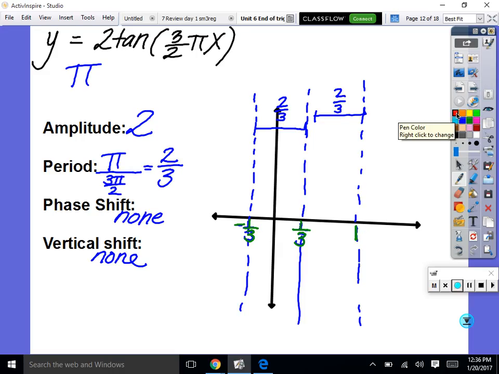So then remember, our amplitude's 2, so we're going to draw up 2, down 2, so 2 and negative 2. And then remember, tangent is increasing, right? Increasing. And then remember, halfway between is where it hits the zeros. So what point will those be? 0, and then 1 plus 1/3 divided by 2, right, guys?